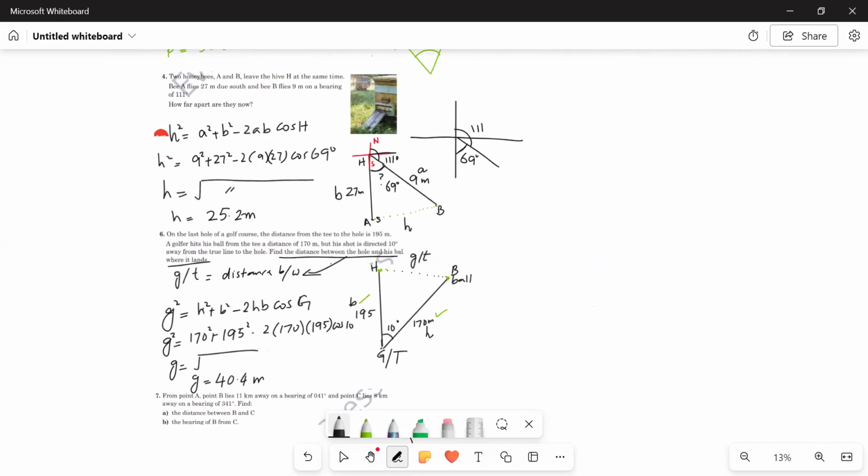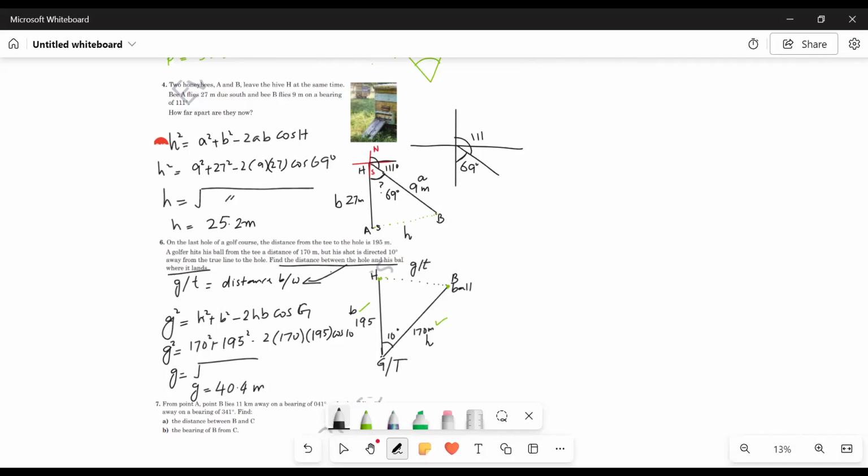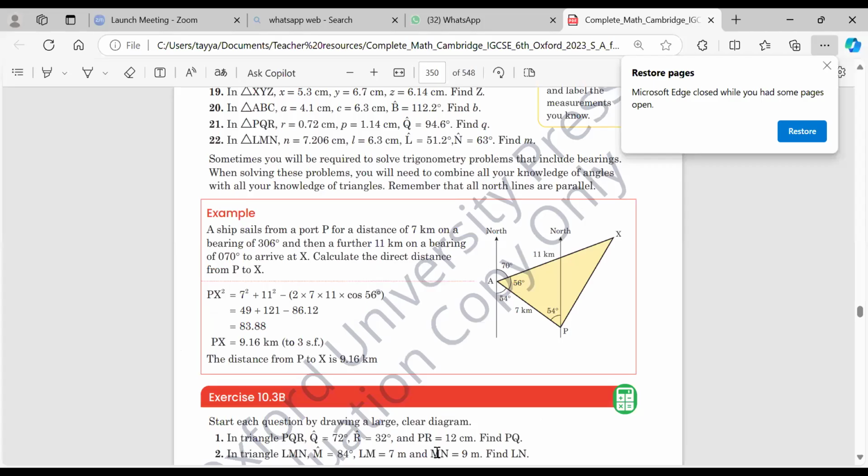Let's look at the example of this. 343, this one. A ship sails from, yes, can you see the board?